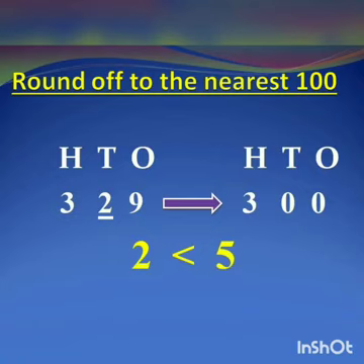And we can see number 2 is smaller than number 5. In this case, the digit at hundreds place will remain same and the digit at tens place as well as the digit at ones place will become 0 and the rounded number will be 300.